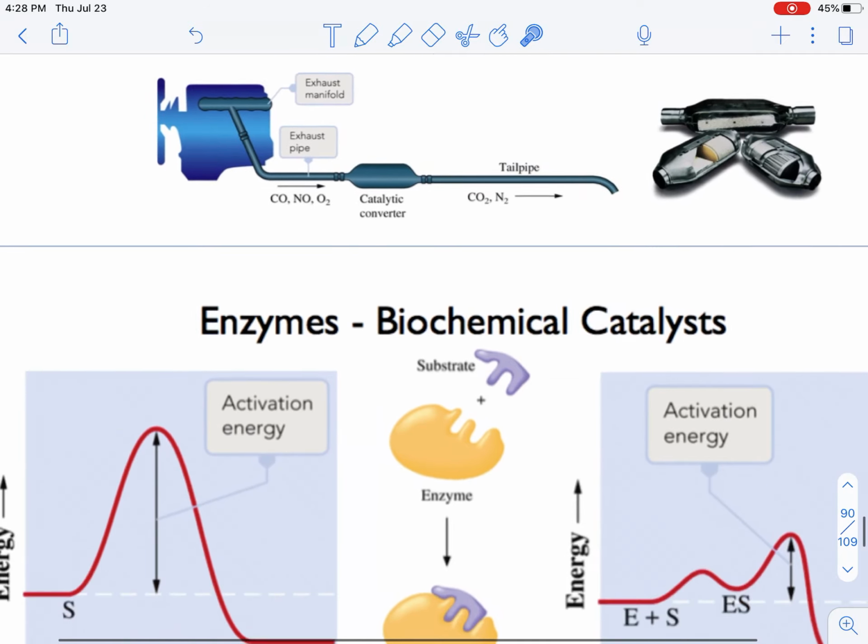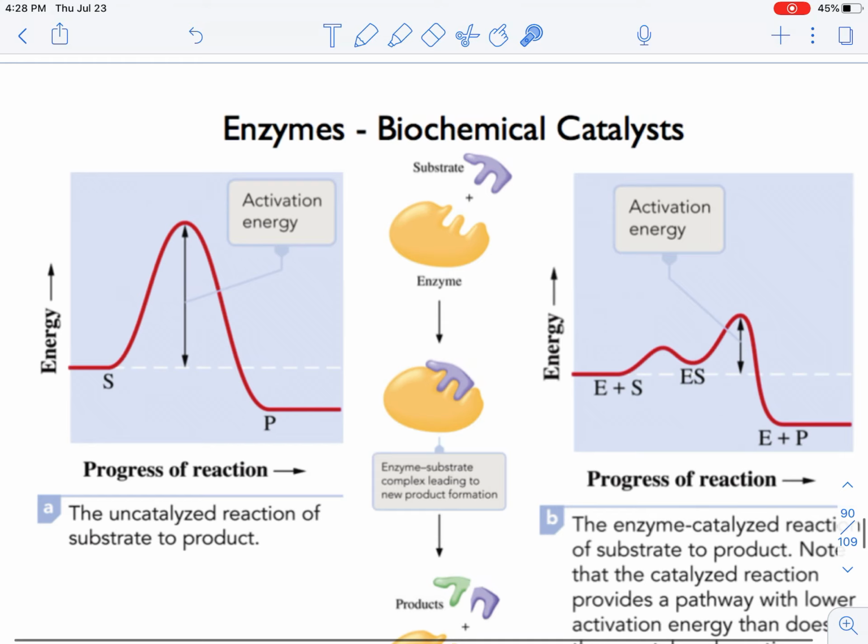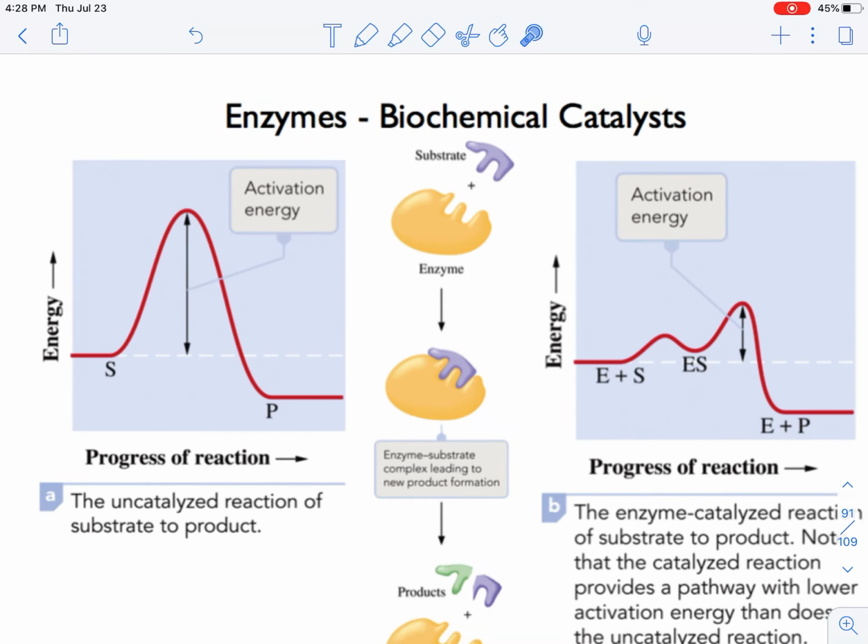An example of a homogeneous catalyst would be the biological enzymes. Enzymes in your body perform a lot of the biochemistry that allows catabolic and anabolic reactions to occur.